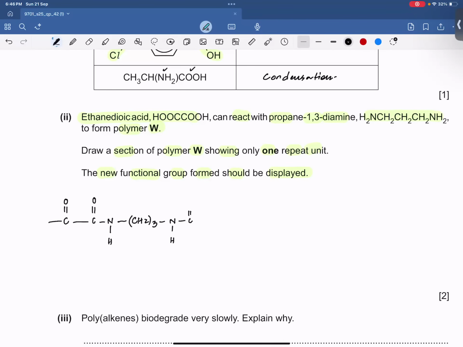Now the next is CO, then again CO, then again NH, and this is going to be (CH2)3, NH, and this bond continuation. Now look at the structure, from here to here, from here to here is the same repeating unit, right? So that's the structure which is going to be acceptable in the examination paper.